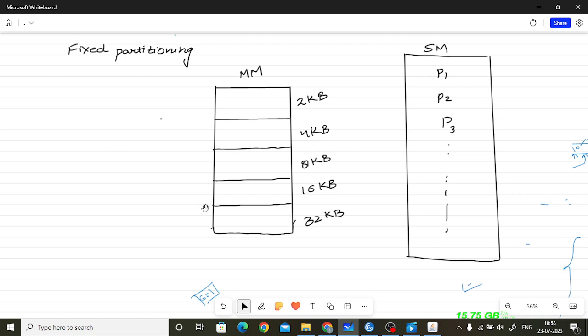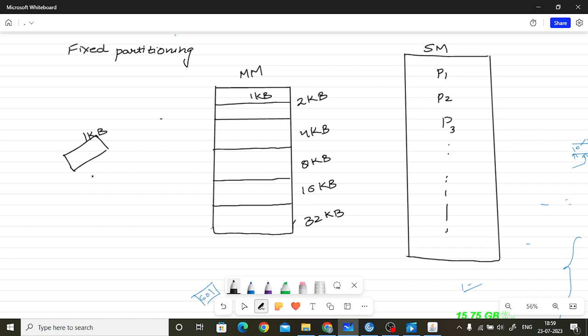Suppose a process of size 1 KB is to be loaded into the main memory. It will reside in the 1 KB partition.